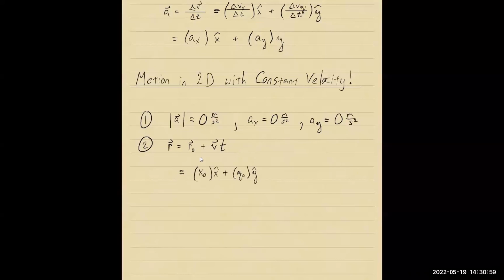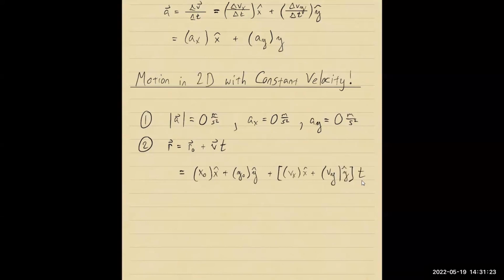And then we look at the second term, plus the velocity. The velocity also has x and y components. We have an x component of our velocity in the x direction plus the y component of our velocity in the y direction, and all of that's multiplied by time.